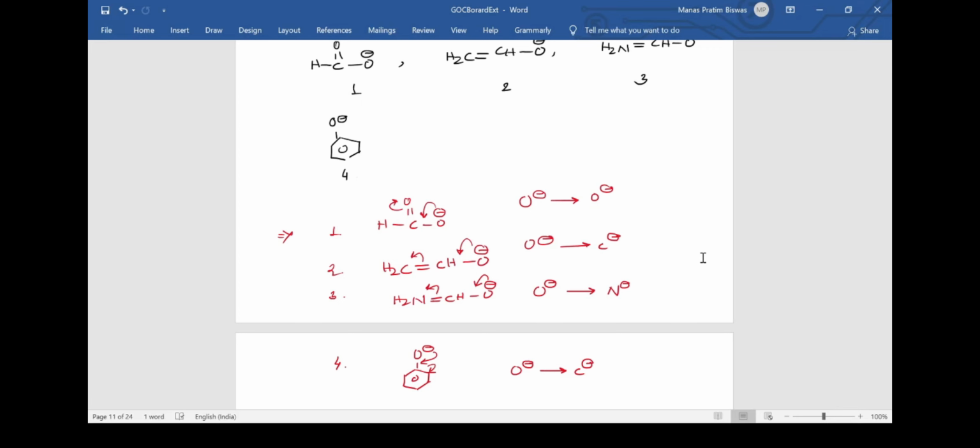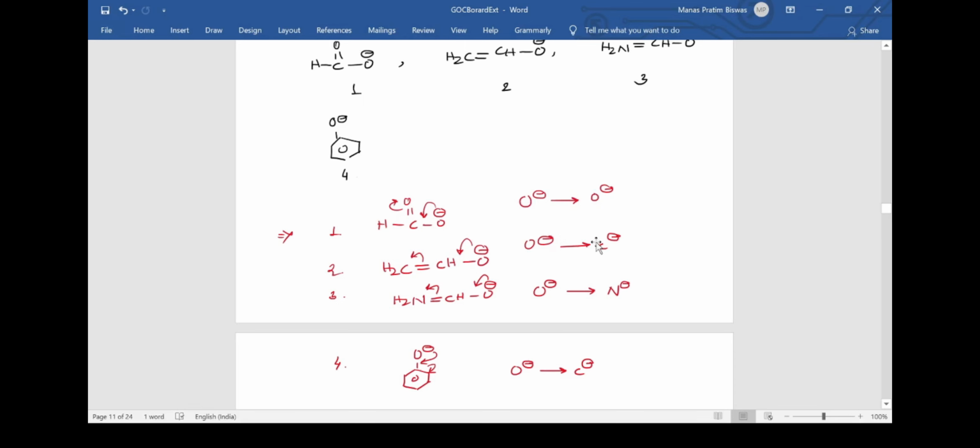So we come to the second option, that is the second point of the stability order. In the second stability order, we said that the structure is more stable where the dispersion of electron is taking place from a less electronegative atom to a more electronegative atom. In the first case, we can see that it is of the same electronegativity, so there is no gain or loss.